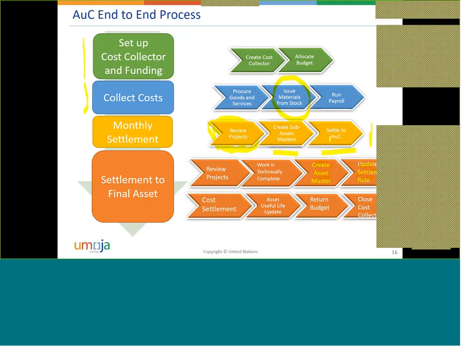Before we settle, the AuC value is 0. But we know that we spent that part in the project. So we use the settlement process to bring value to the asset under construction. We take these 10,000 that were spent in the construction company and the 20,000 that were spent for the material, and we bring this value to the AuC. And now the value of the AuC will be 30,000.